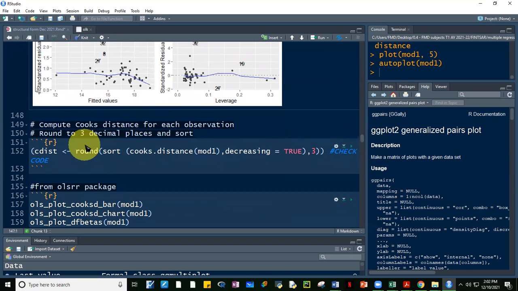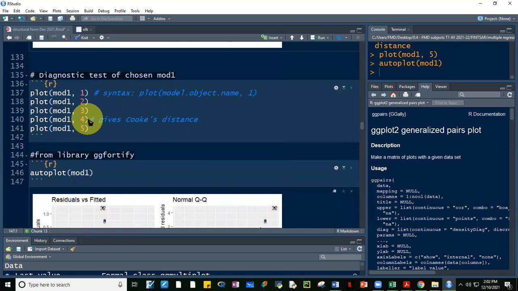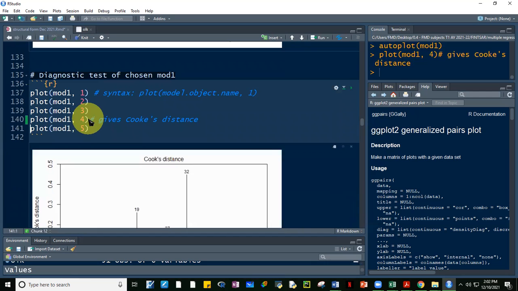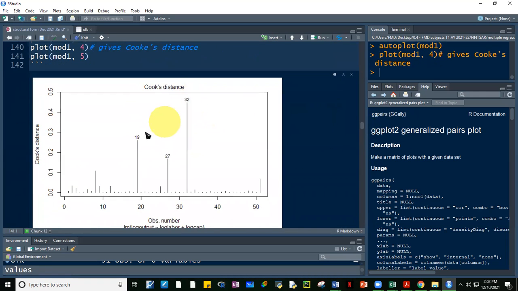Okay, actually we can, guys, compute for the Cook's distance for each observation. So nakita natin this one. So this is 32, 19, and 27. So those are your observation number 19, observation number 27, observation number 32.